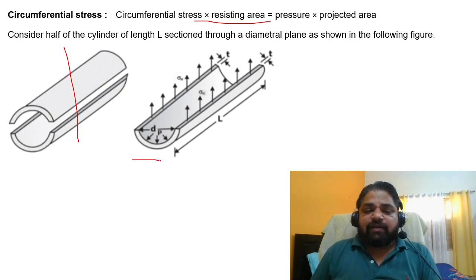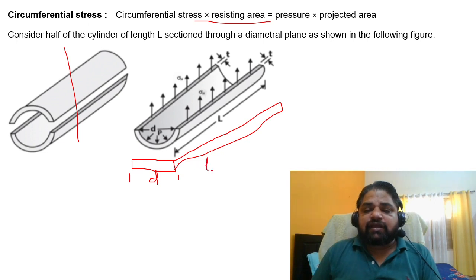If I take the projection of this, it looks like this: this is length L, this is D, and the thickness is t.